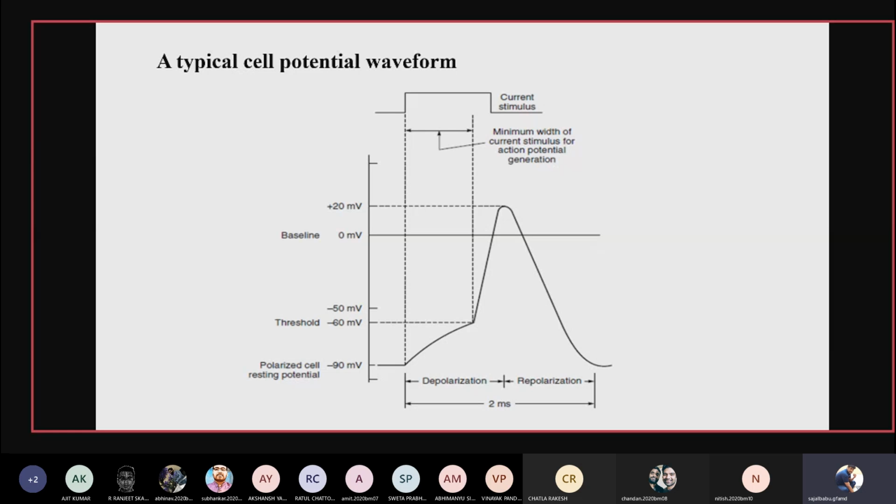So that is the range, but when it is completely at rest, it will be minus 90, and when it is completely excited, it will be plus 20 millivolts. So it may vary between these two values.